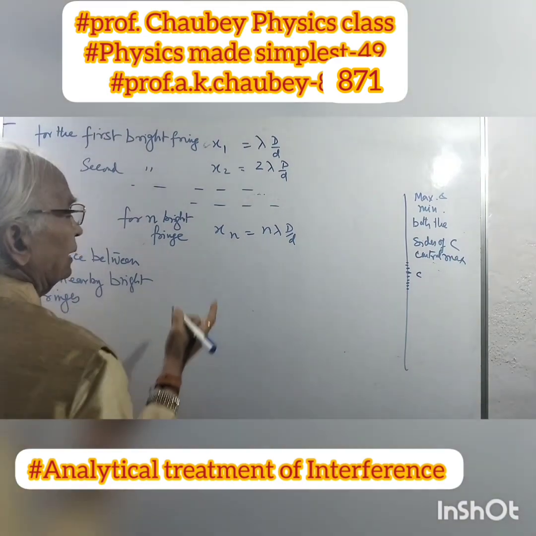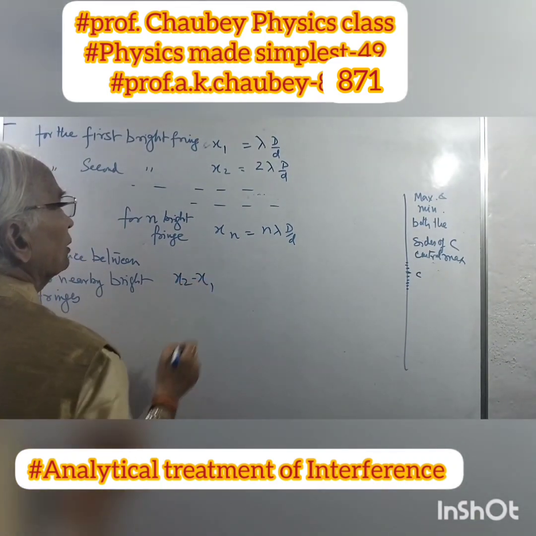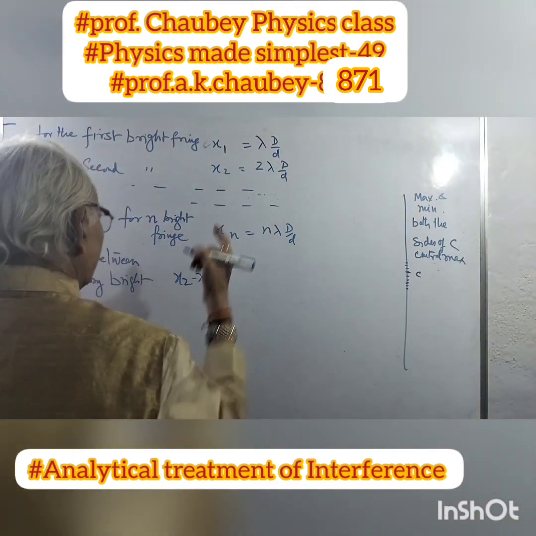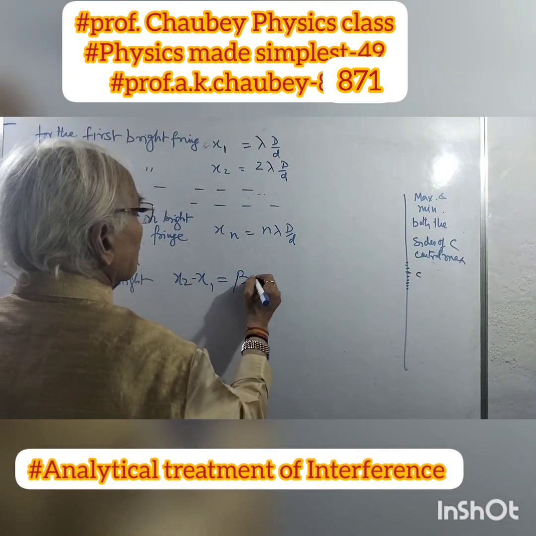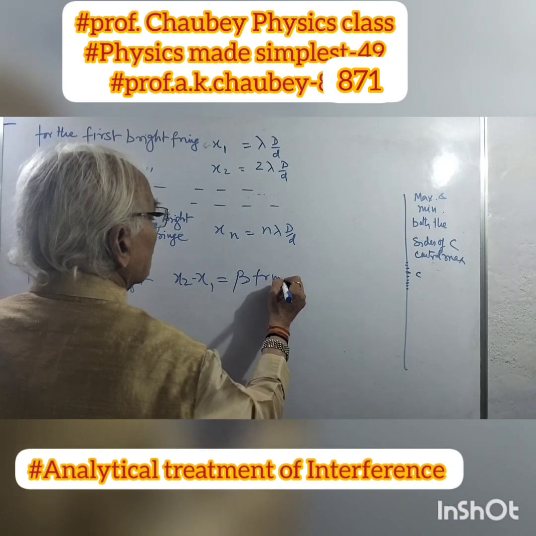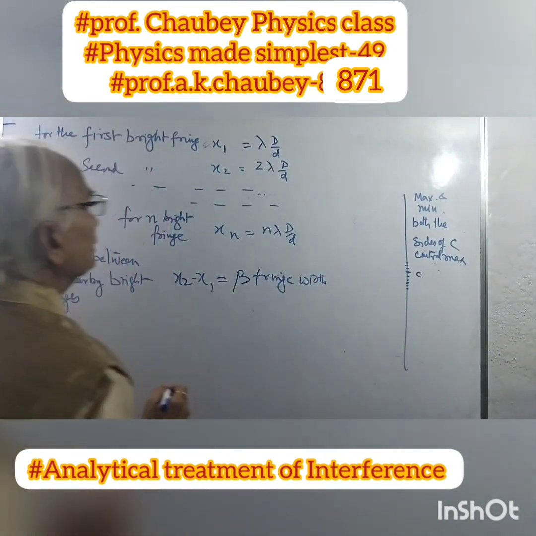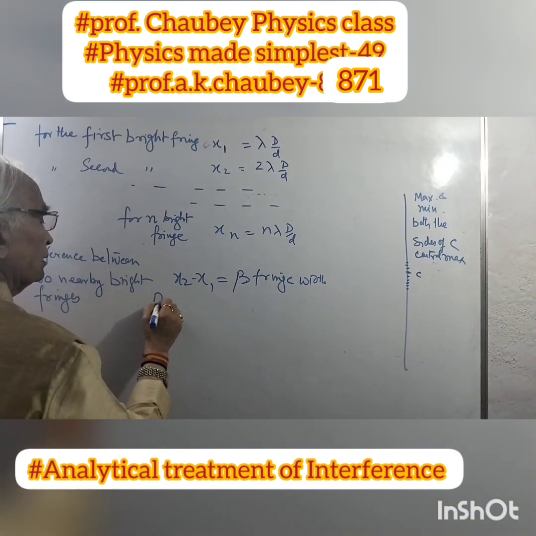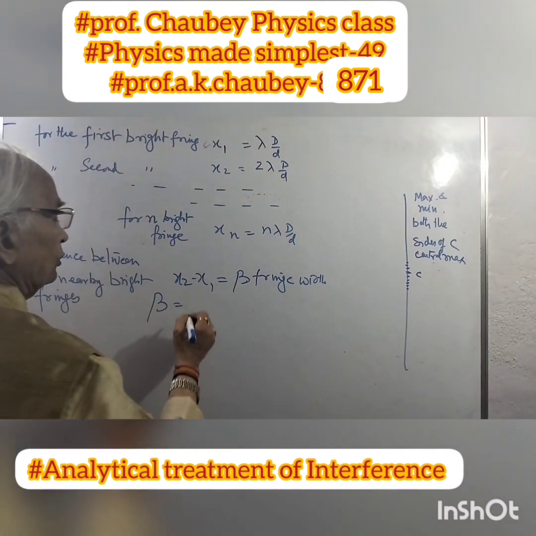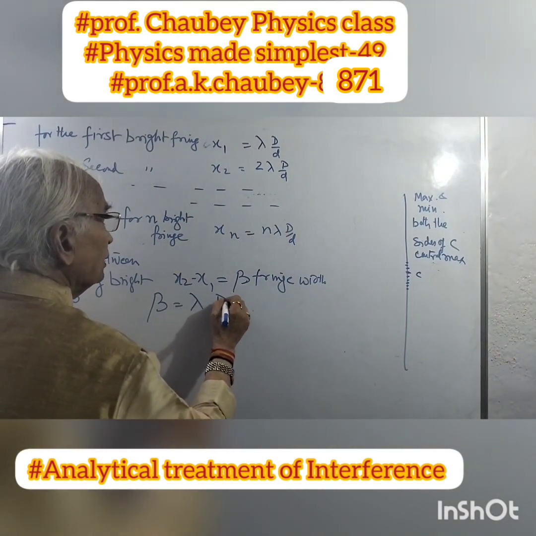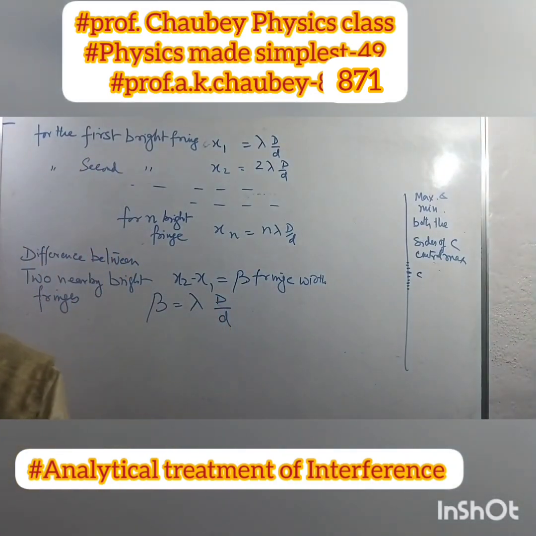That means x2 minus x1, that will be the distance between them, and this is called beta, the fringe width. So beta is equal to the difference of 2 lambda D by d minus lambda D by d, so lambda D by d. This is the fringe width.